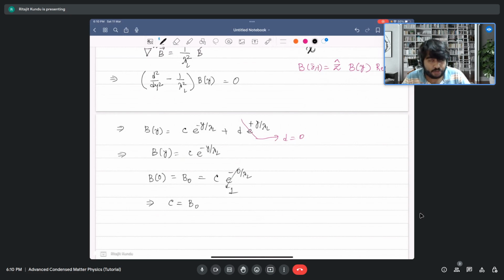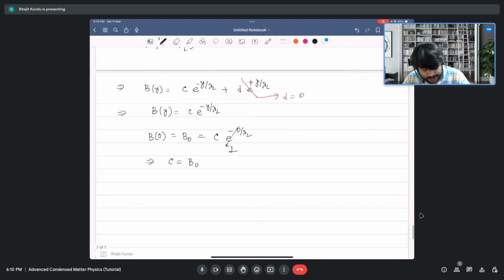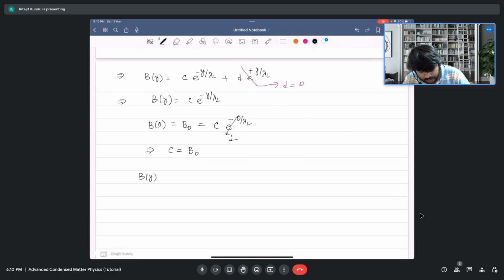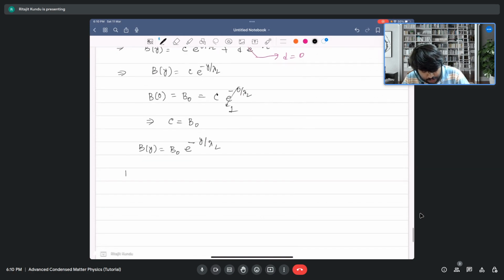So this solution you are already aware of. This tells you that B is just an exponentially decaying function, e to the power minus y by lambda L. Let me write the full solution. The vector B as a function of r and t will be given by the direction z hat, and then we'll have B naught e to the power minus y by lambda L, and also this oscillatory part given by the real part of e to the power i omega t.